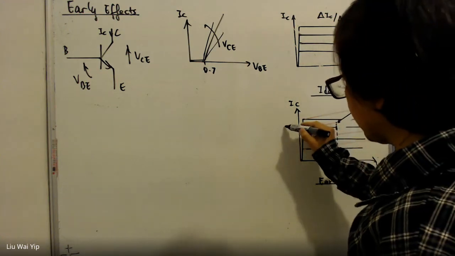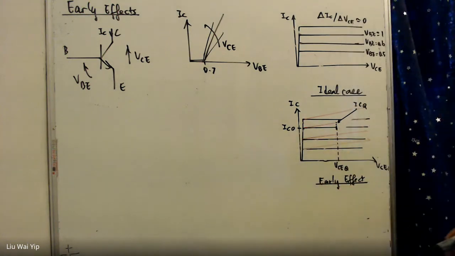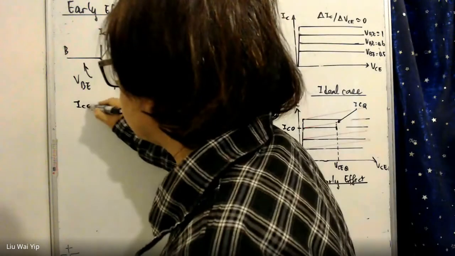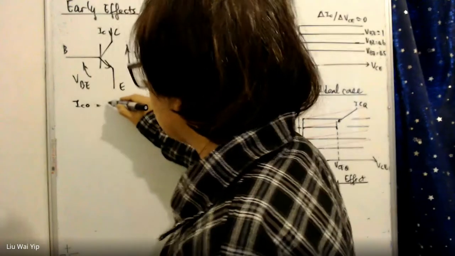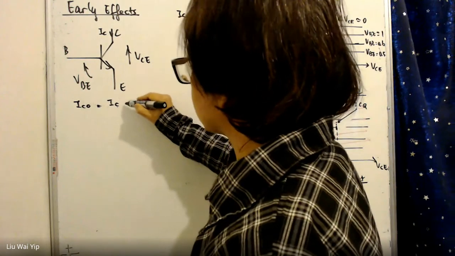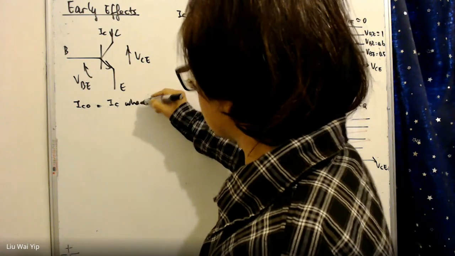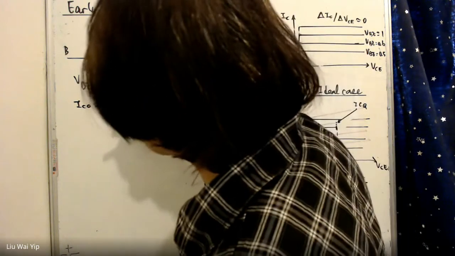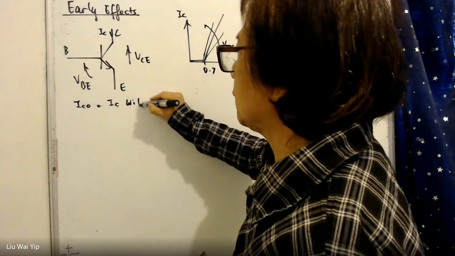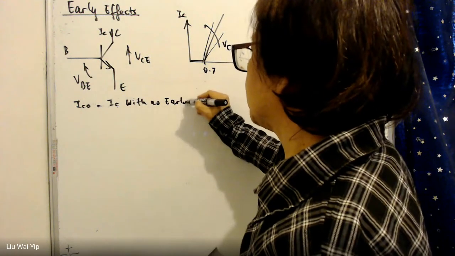The ideal one, let's say IC0. So IC0 is the collector current with low Early effect.